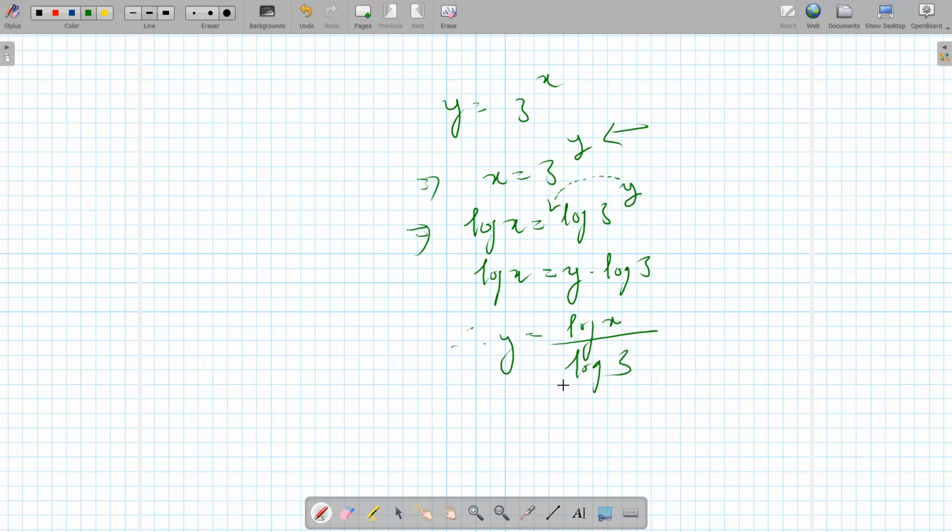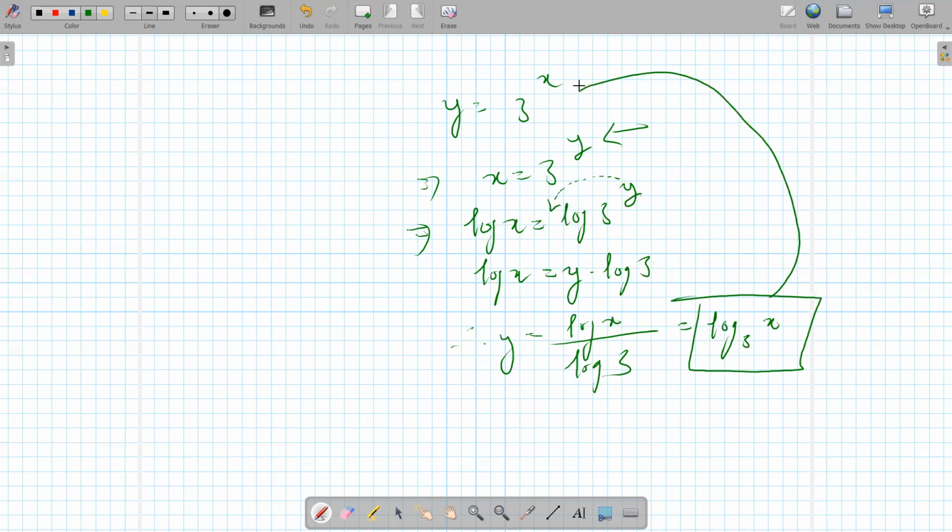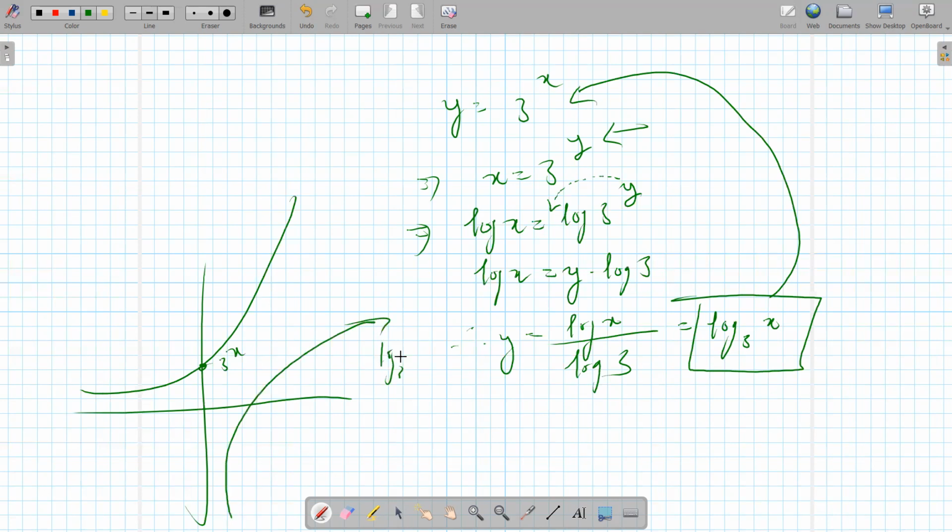You see that? And when you have multiple logs and you're dividing, you can rewrite this as one big log: log base 3 of x. And there we go. That's the inverse of 3 to the power of x. Graphically, 3 to the power of x looks like this, and log base 3 of x looks like this.